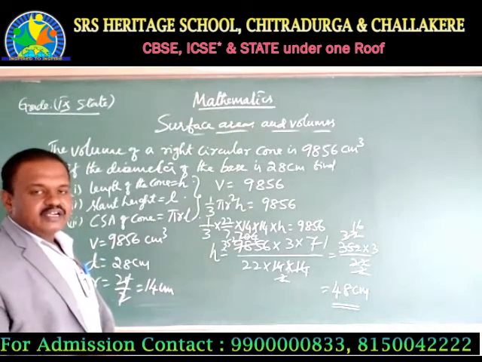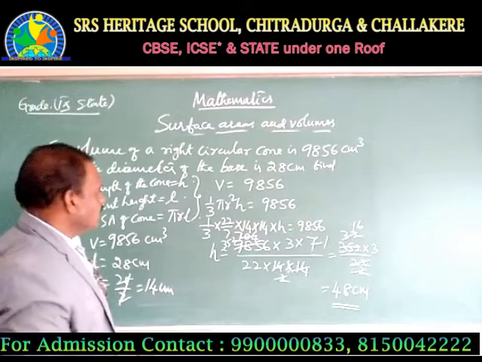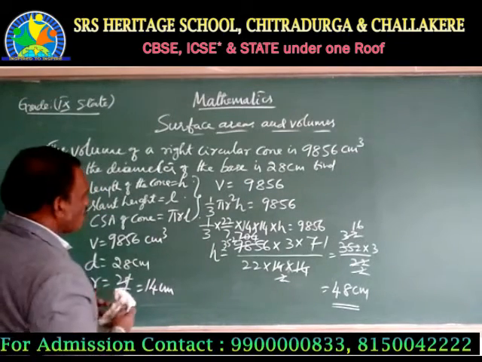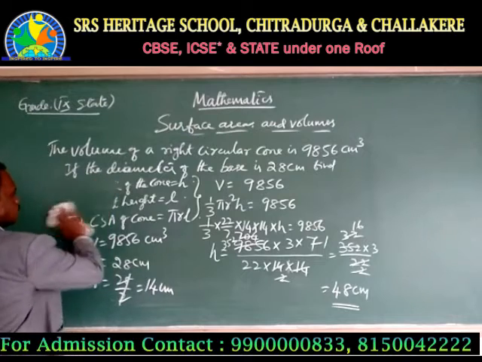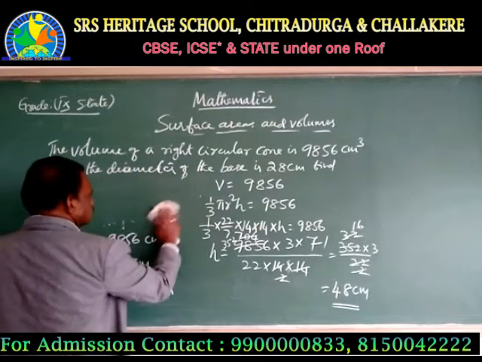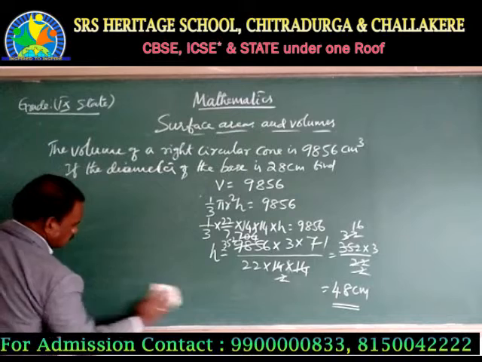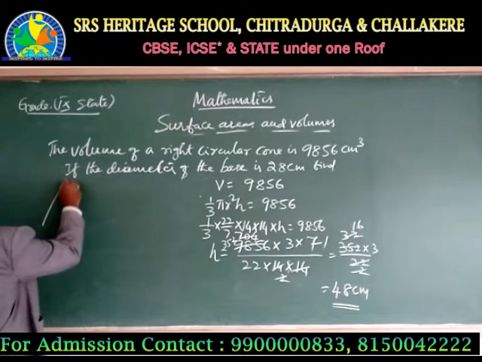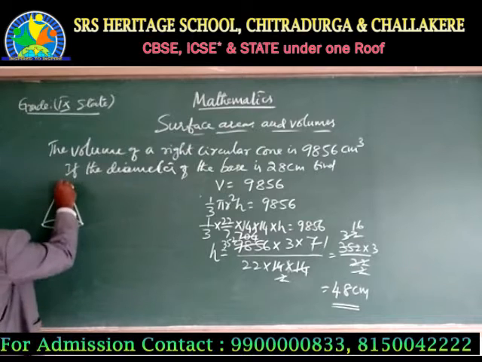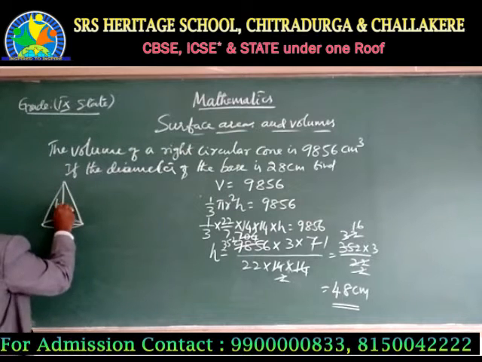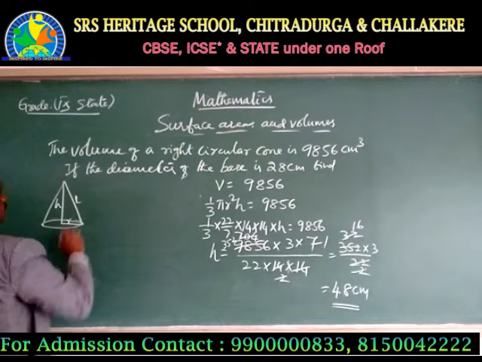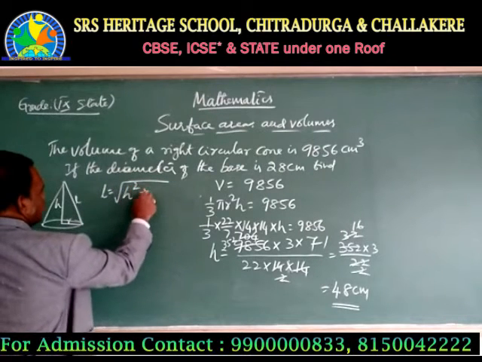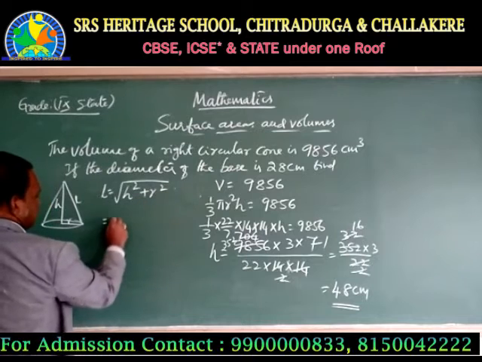Now, how can you find out the slant height? See here, this is a right circular cone, this is height, this is r, and this is L. So L is equal to square root of h square plus r square. What is h?